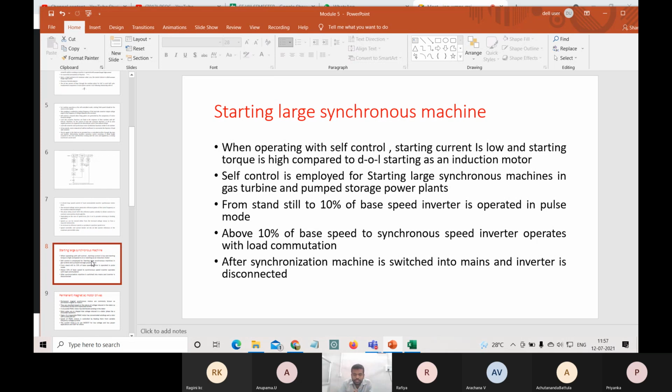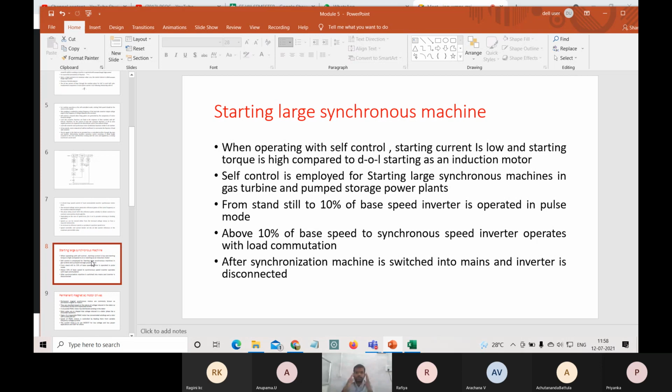So such a method of starting can be used with a number of synchronous motors sharing a common inverter. For example, with three synchronous machines, the inverter will be common for all three. Keeping the inverter common for multiple synchronous machines makes it economical.